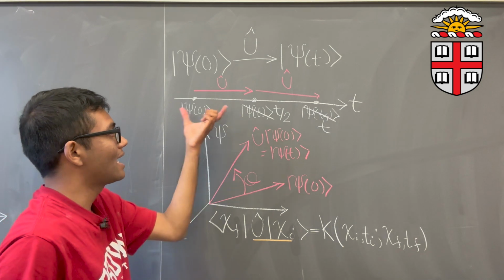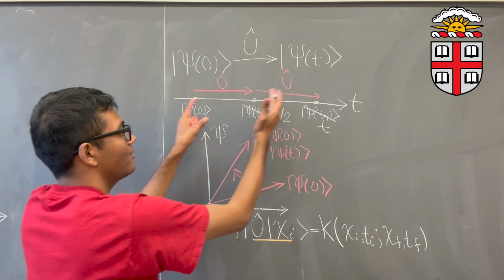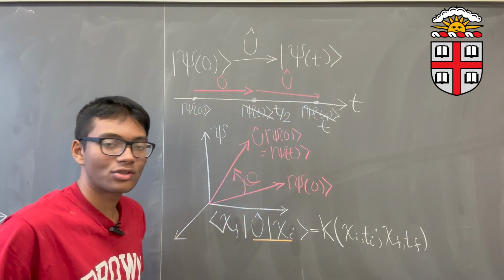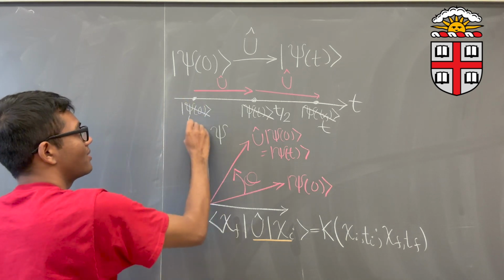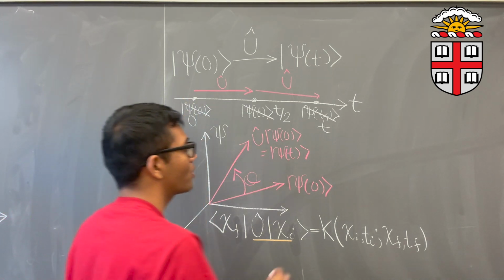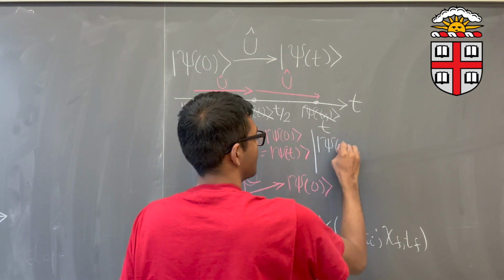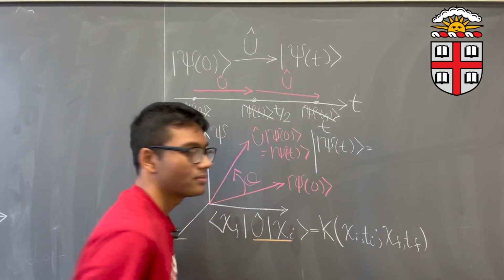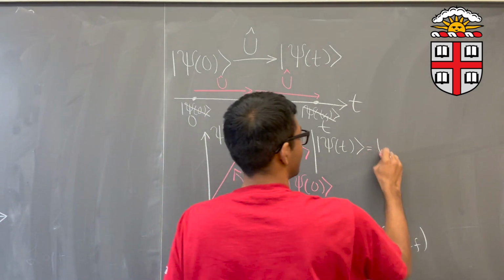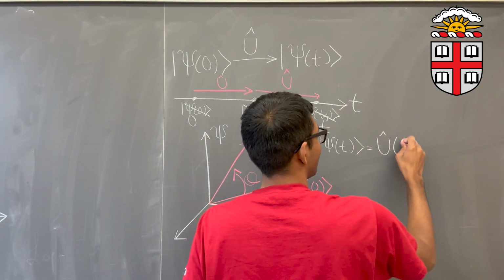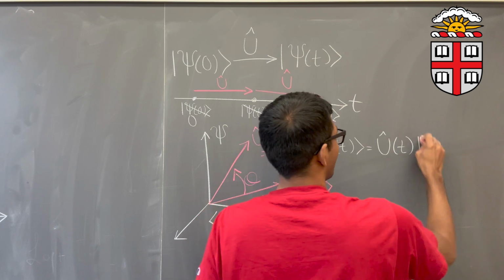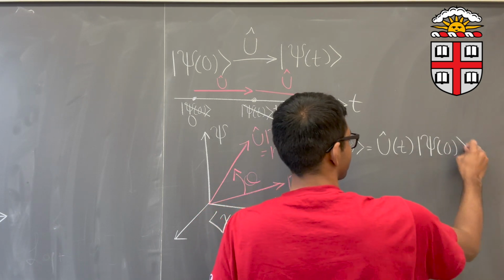Okay, so this is halfway to our final time, and this is another halfway to get to our final time. And this is time t equals 0. So now what I can write is that psi of t is simply equal to the time evolution operator acting for a time t on my initial wave function.